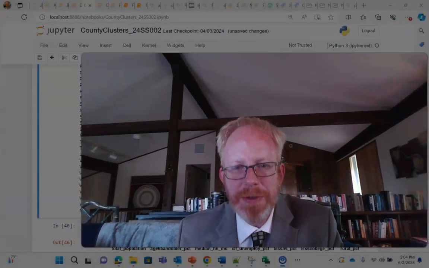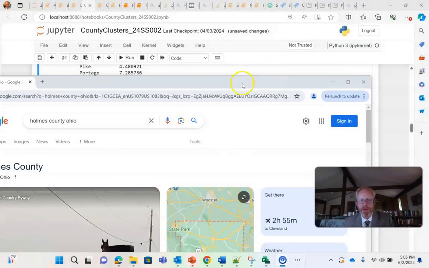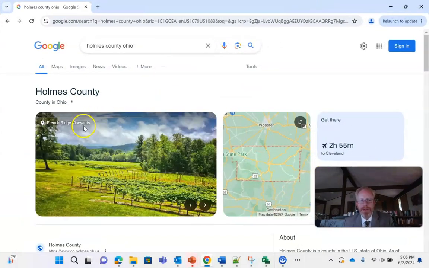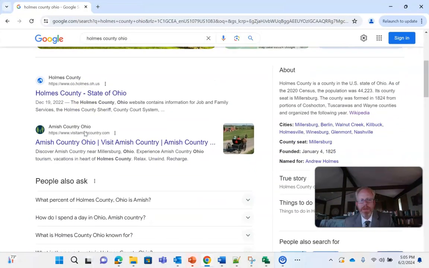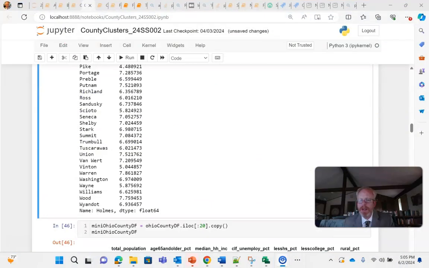Now, I've lived in Ohio all my life, and when I put this together, like a data scientist, I was looking at the data trying to see what conclusions I could draw from it. And when I saw Holmes County, I thought, what makes Holmes County so different? What makes it so special? So I did a quick Google search, and I found Holmes County Amish Country Byway and then visit Amish Country. Okay, I see.